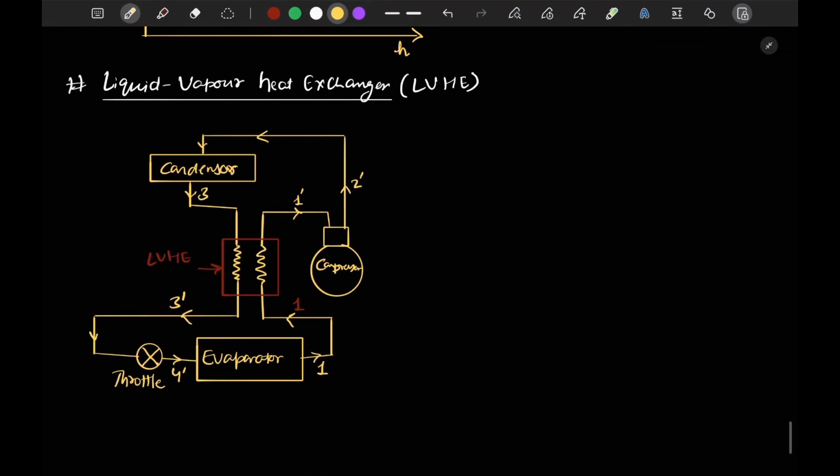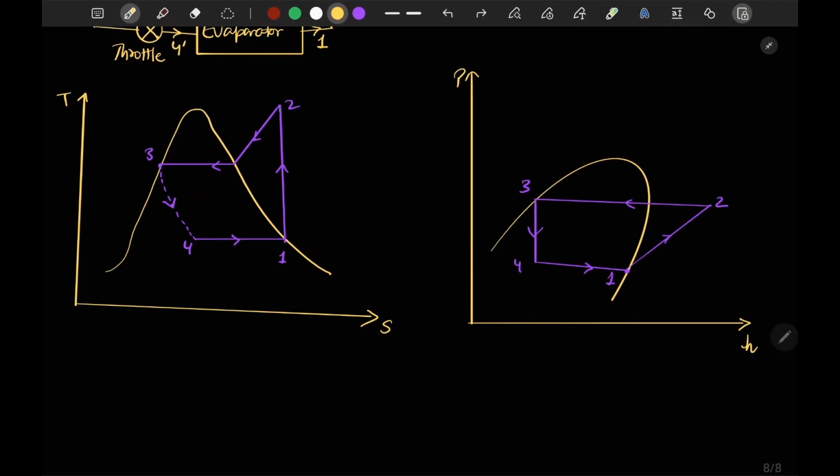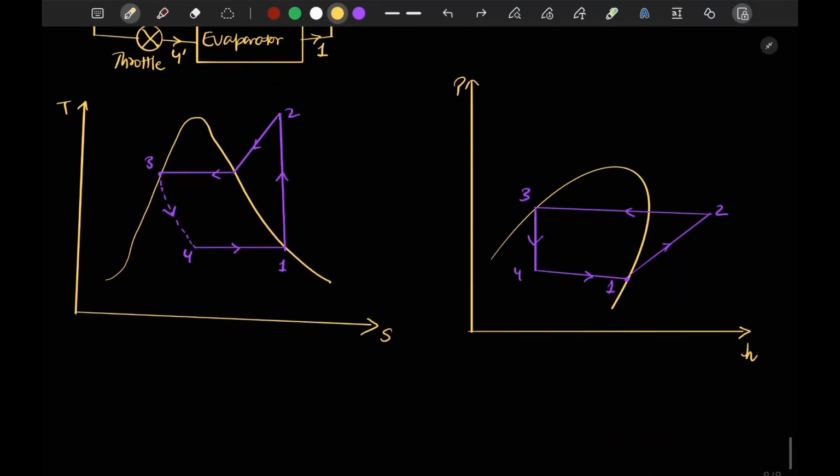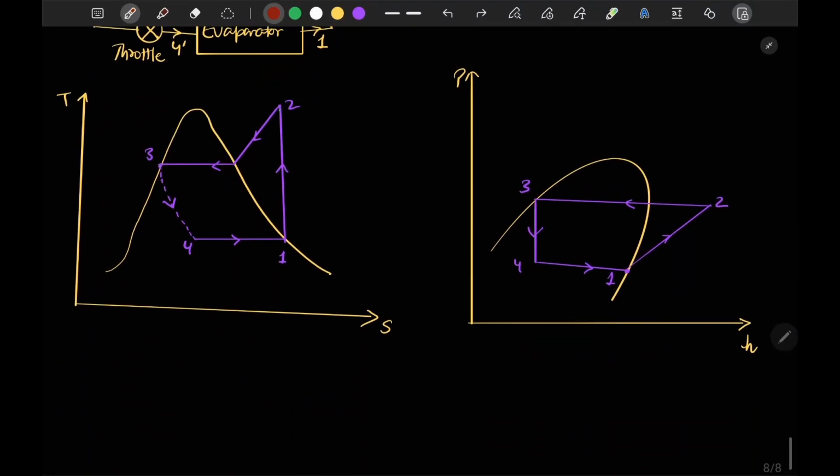Now if we want to draw the PV, PH and TS cycles, we can draw it here. So these are our original cycles. Now if we want to include this liquid vapor heat exchanger, our cycle will be modified: from process 1 to 1 dash there will be superheating. This superheating will be at the same pressure, so let me draw it here first.